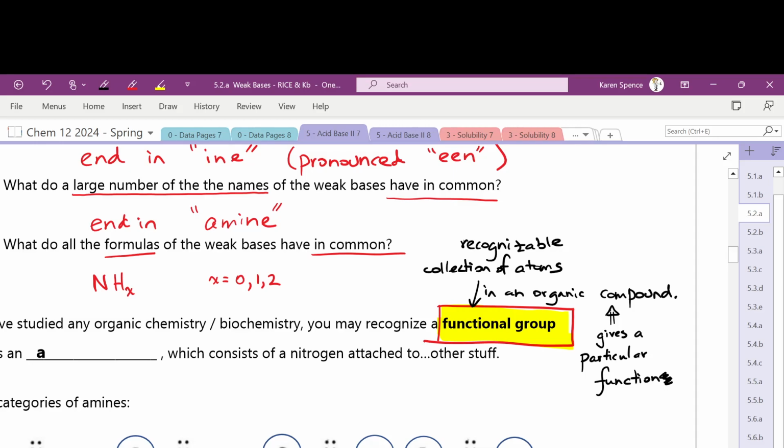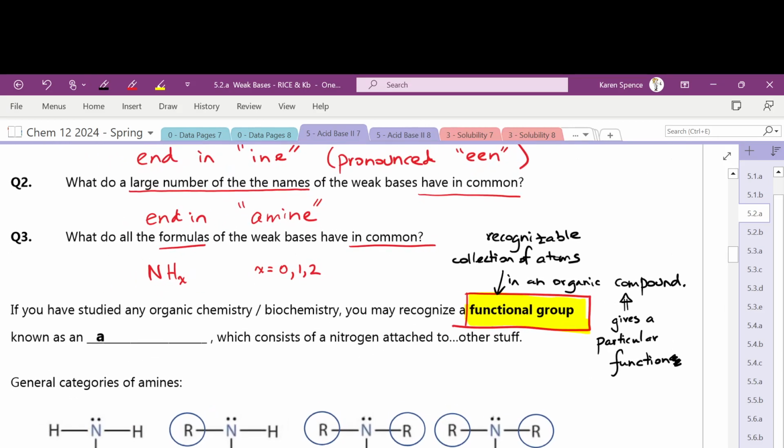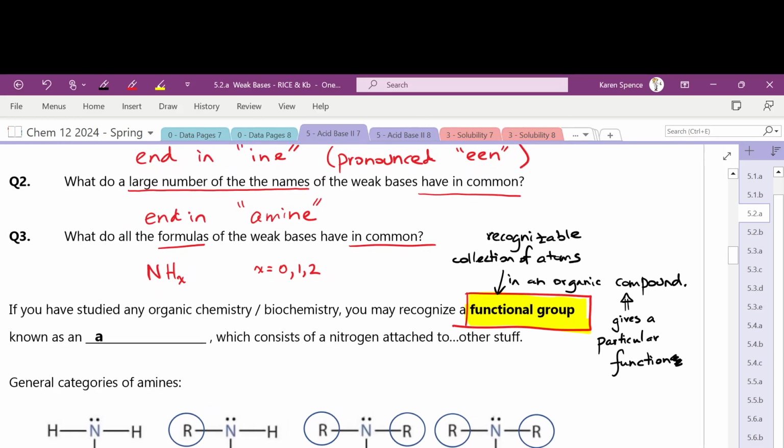So this particular functional group, where it's NHX, anyone know what it's called? It's known as an amine.